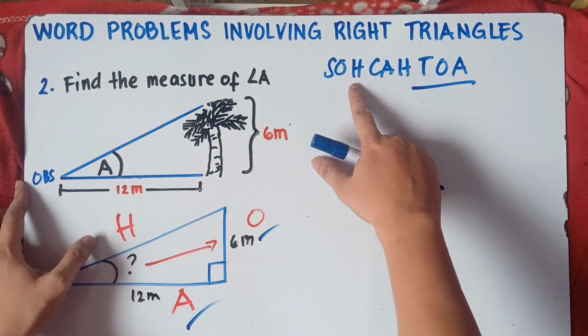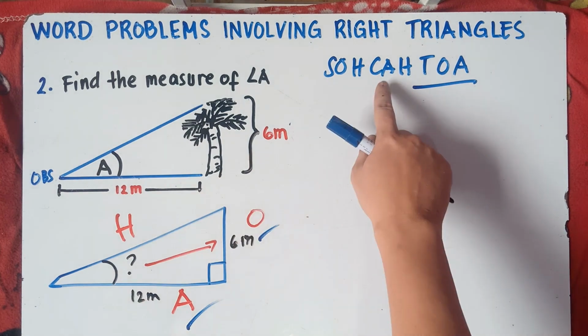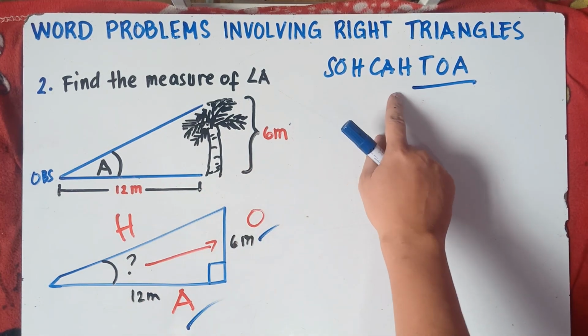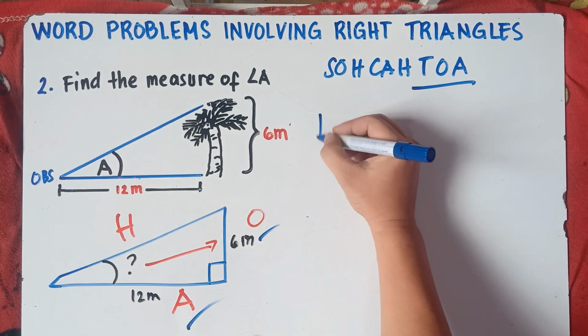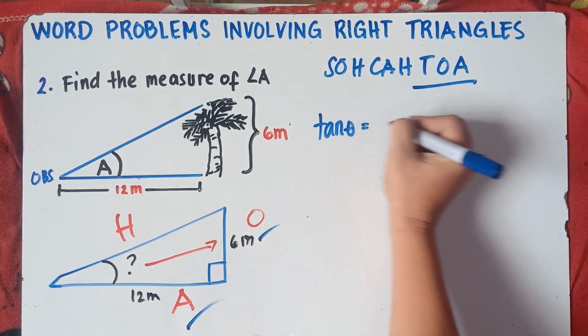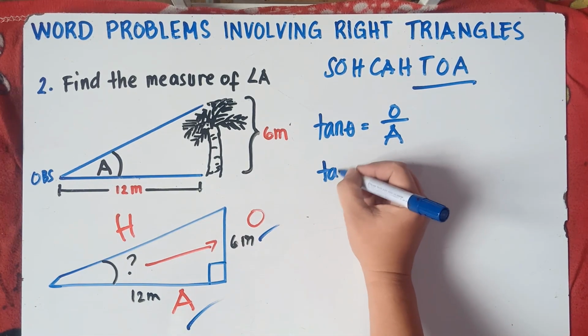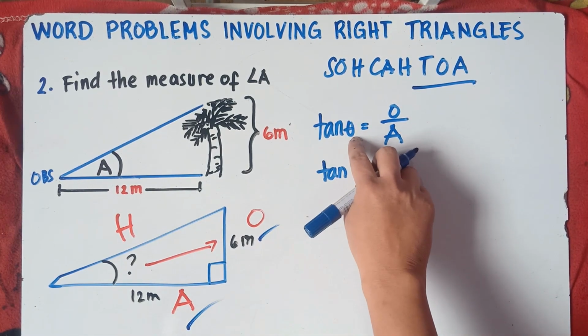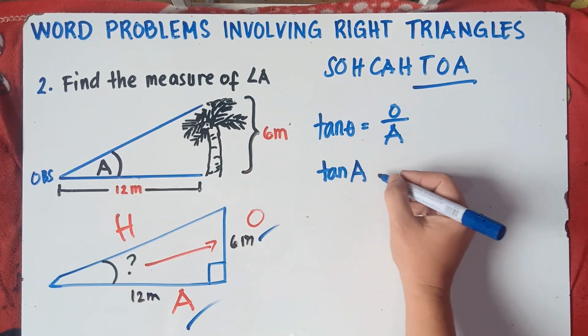We cannot use sine because sine has hypotenuse and we don't have any value for the hypotenuse. Same with cosine. We cannot use cosine because cosine is adjacent over hypotenuse. So we will be using tangent. So this will be tangent theta equals opposite over adjacent. We're told to find A, therefore this will be tangent A. Capital A, class.